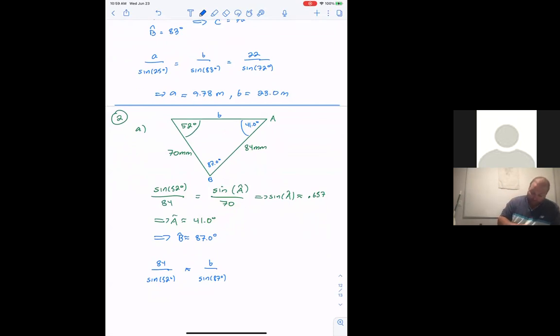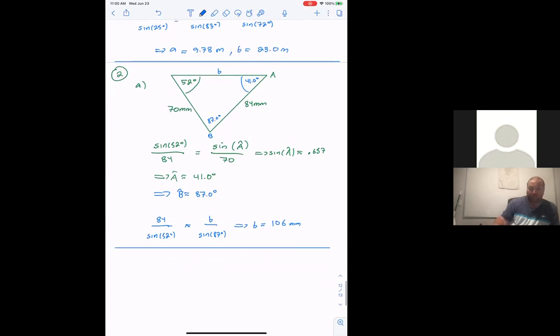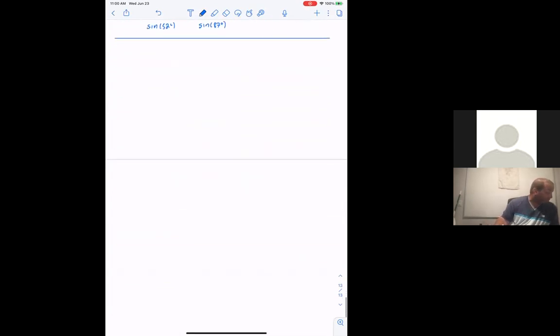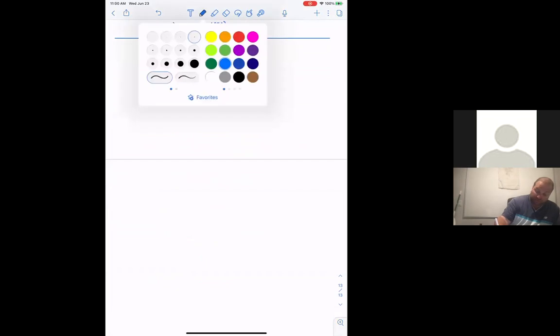So 84 divided by sine of 52 degrees times sine of that answer tells me that B is approximately 106 millimeters, which again is consistent. Biggest angle, biggest side. Okay, it's always nice to throw in those little mental checks to make sure that we don't do silly mistakes.